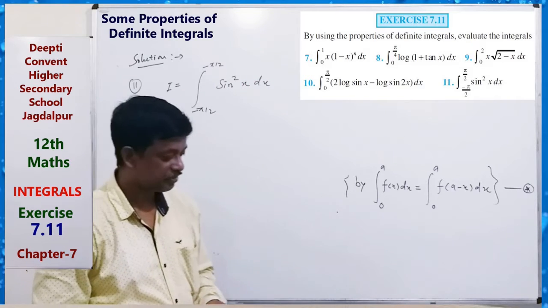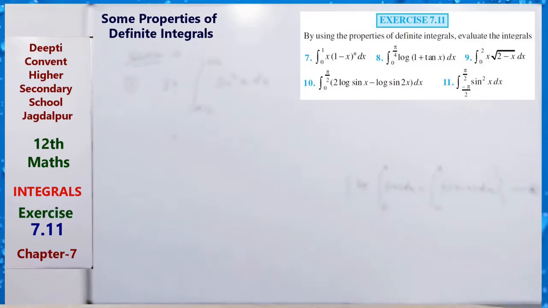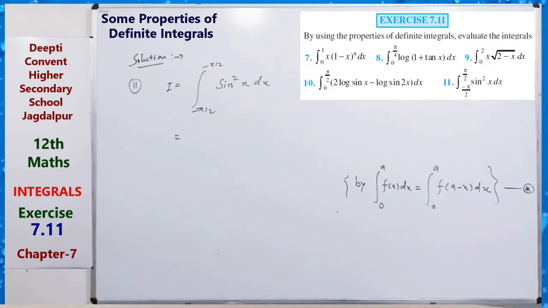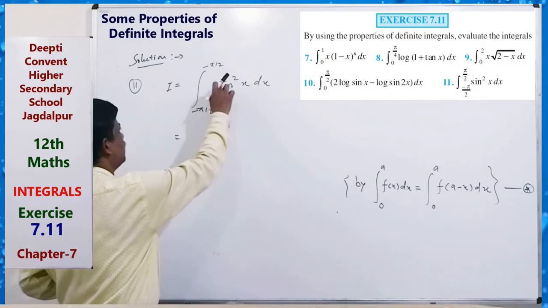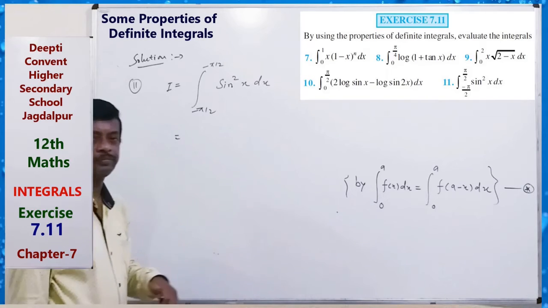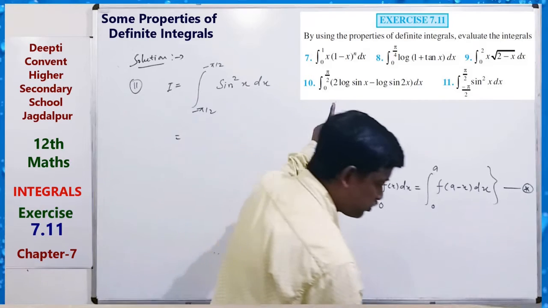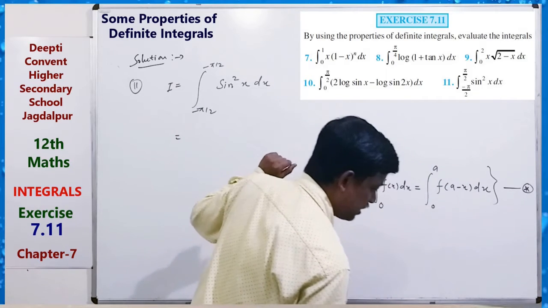Clear? So it is very simple, it can be solved. How? Minus pi by 2 to pi by 2 sin square x dx.